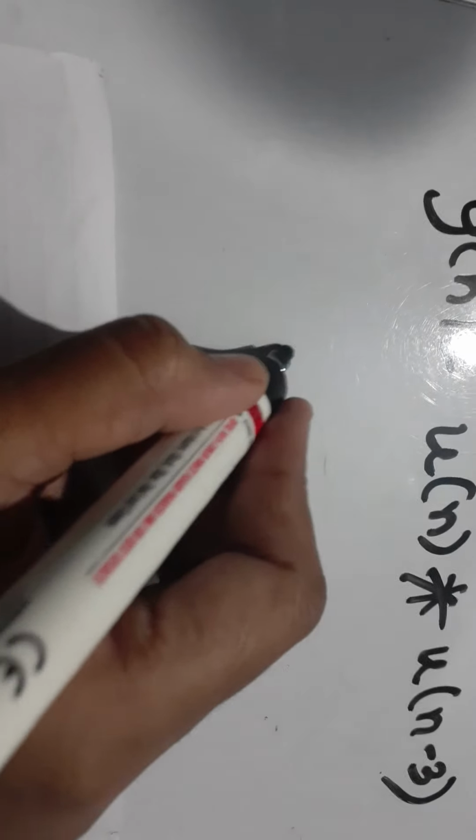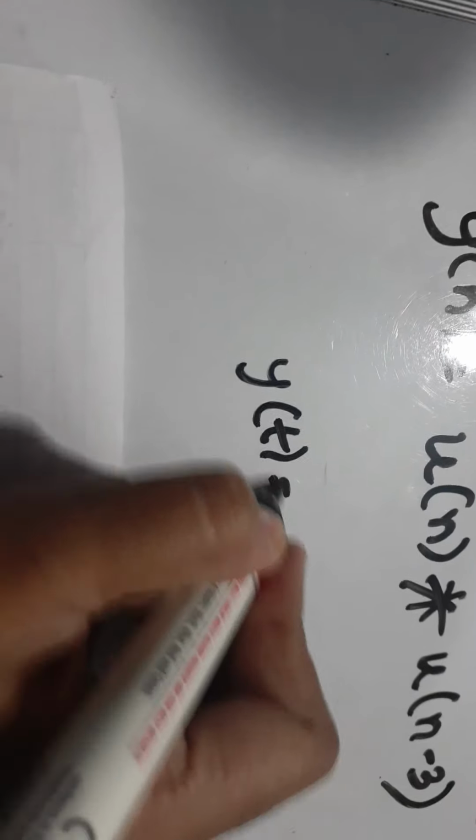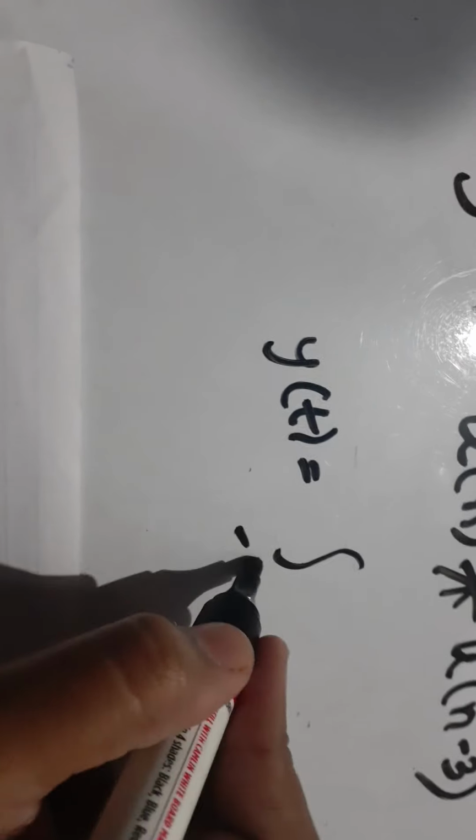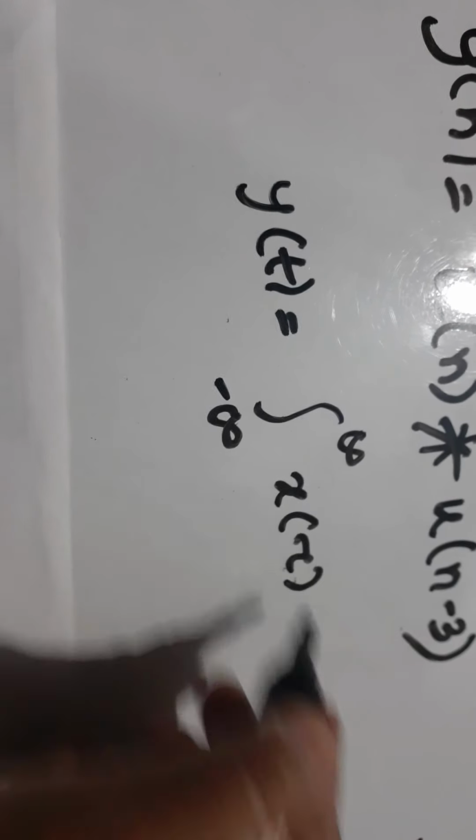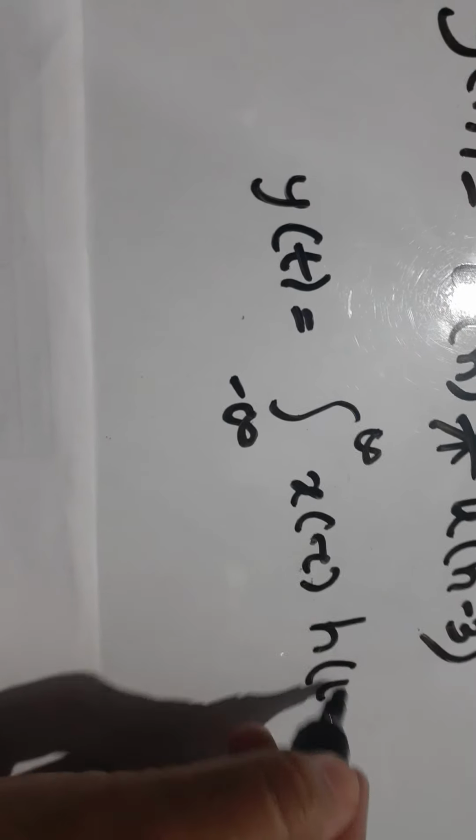minus k. If you compare this equation with the integral equation, we had y of t is equal to integration minus to plus infinity x of tau h of t minus tau d tau.